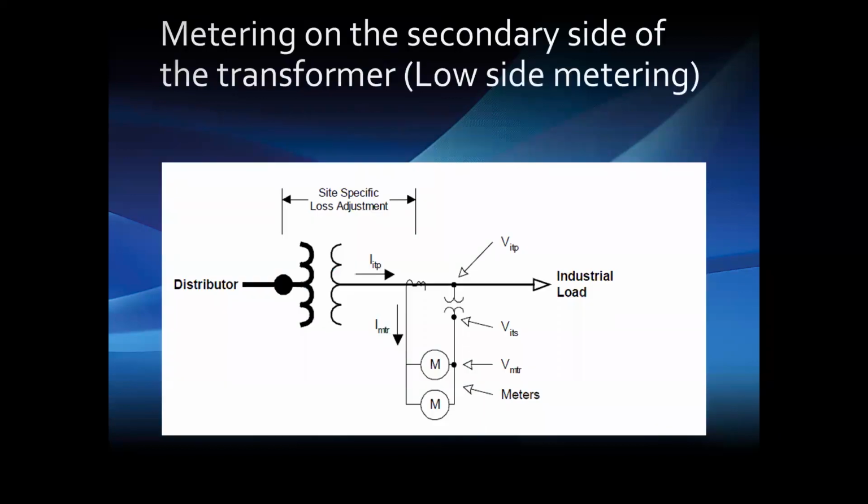So those are the basic four options. What we see here is a power transformer, and on the secondary is the situation we call low side metering, where we're metering on the secondary of the power transformer, and we want to apply compensation.